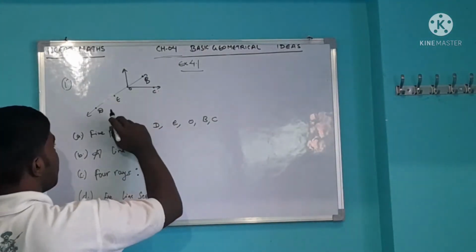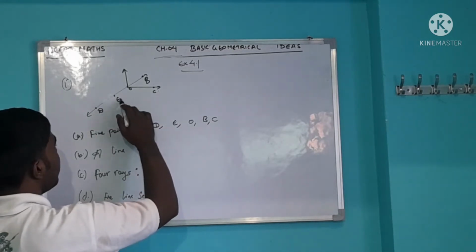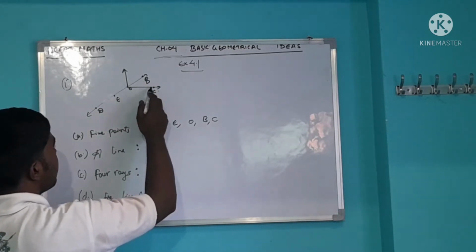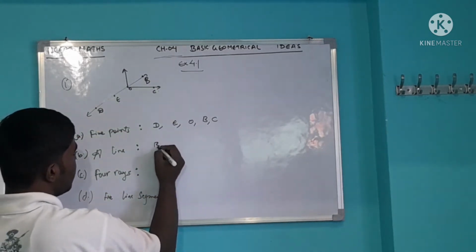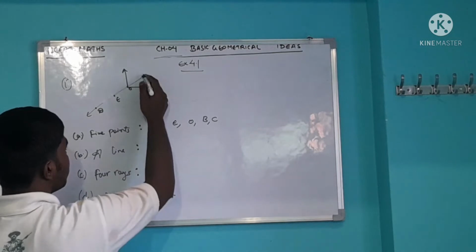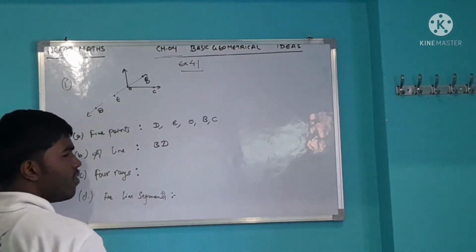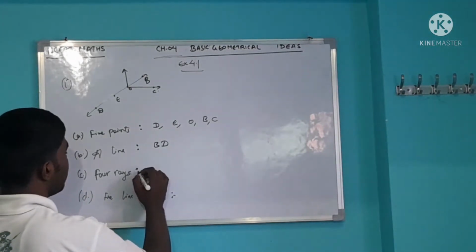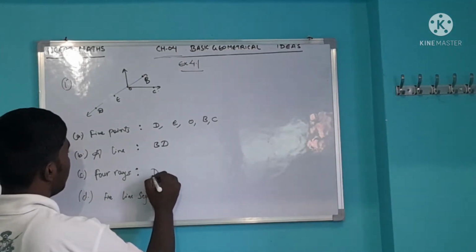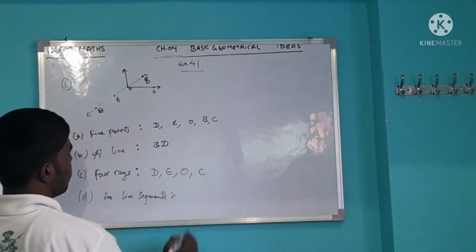So a line can be formed by joining 2 points: DE, EO, OB, OC, DB. So we write it as simple BD. It starts with B and goes to D. In C part we need to write the 4 rays, in which we need a starting point. So we have D, E, O, C.